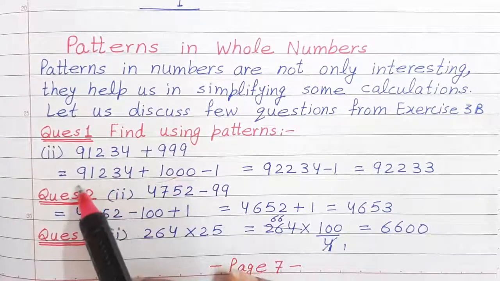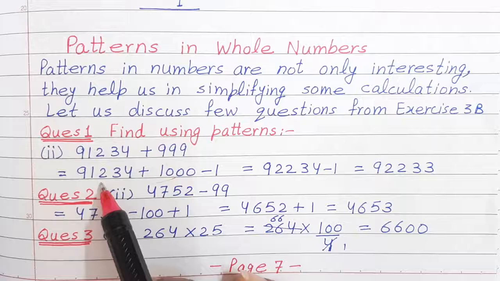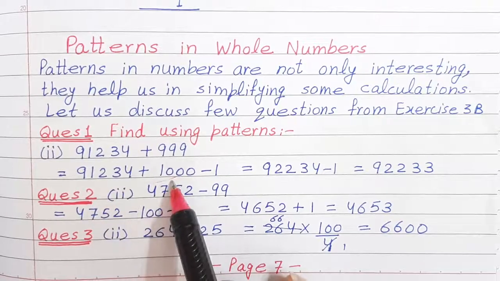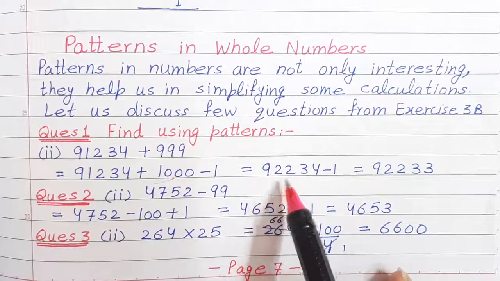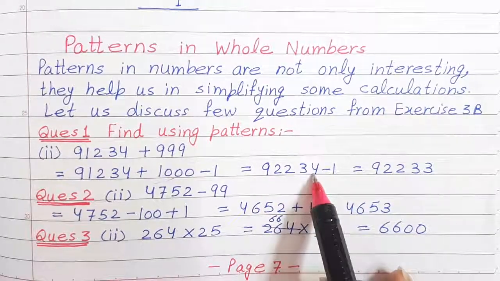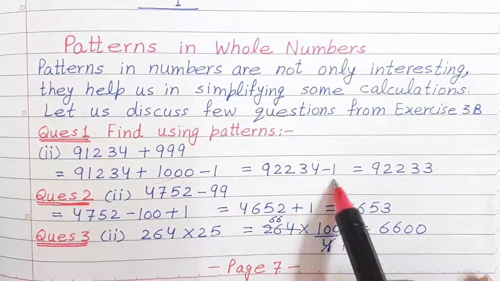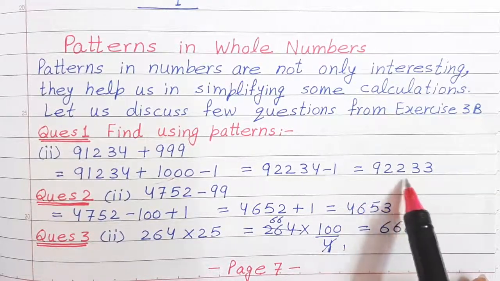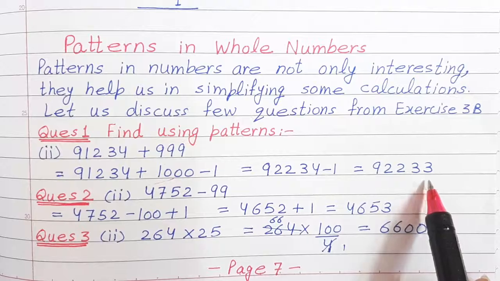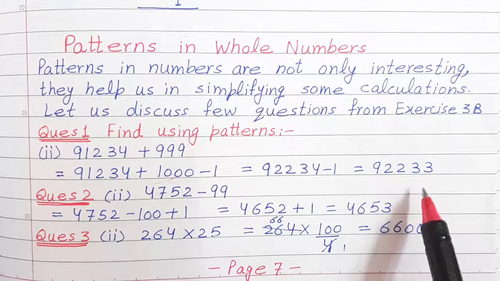Right? That is 91,234 plus 1000. This will give us 92,234. Now it is very easy to subtract 1. So the answer is 92,233. I hope it is clear to you now.